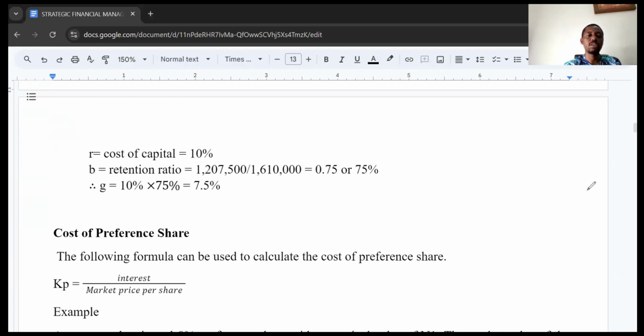So we say your retention ratio is amount retained over profit after tax. So don't be confused. That will give you 0.75 or 75%. Okay. So g, your growth rate, will now be equal to the return on investment, which is 10%, times 75%. So that will give you 7.5%.